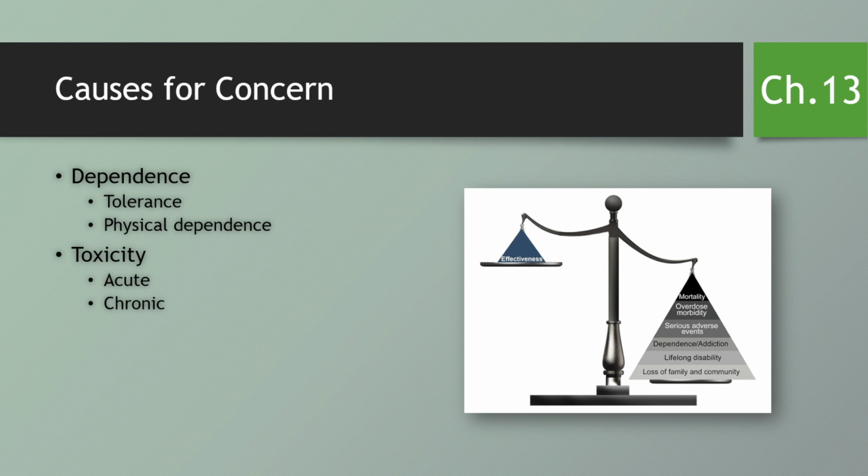So when we talk about the toxicity of these medications, we'll talk about it both acute and chronic. So when we're looking at the acute toxicity specifically, what it does on a short-term scale is it tends to depress the respiratory centers in the brain. So you're going to get probably slowed breathing, slowed oxygen intake, things like that.